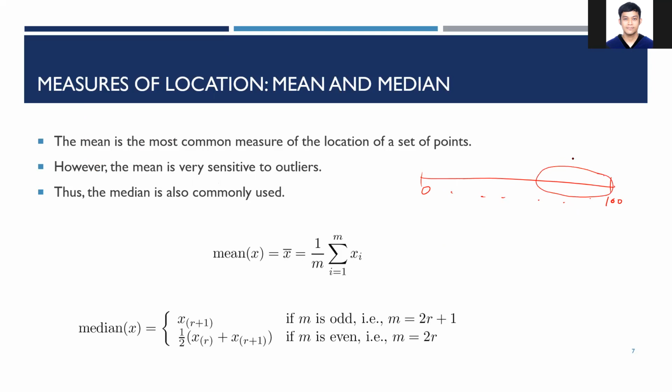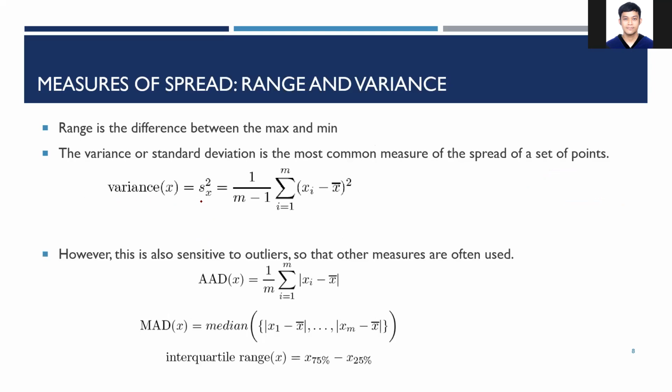To get this information, we can use the median and mean of the data. Median and mean are two measurements that can give us information about where our data is located. And then, for the measurement of spread, it means that, for example, the range is 0 to 100.